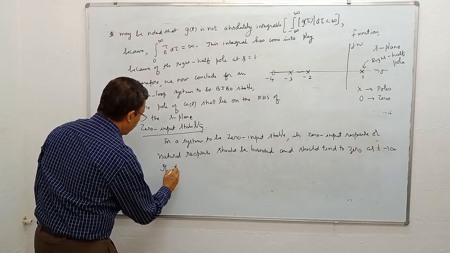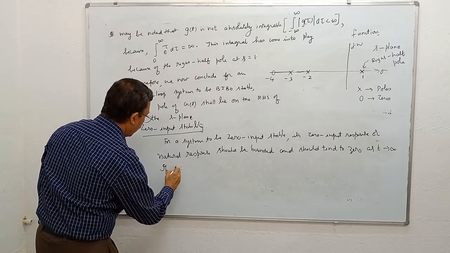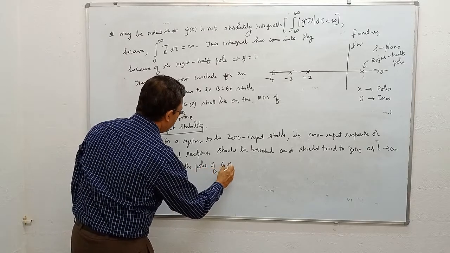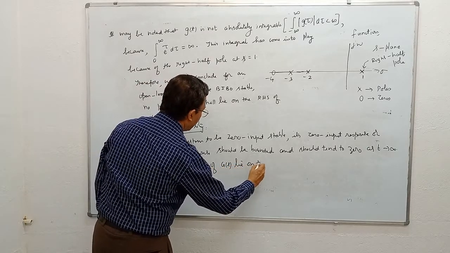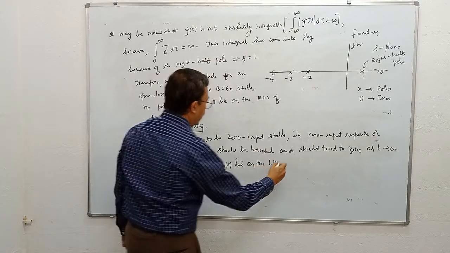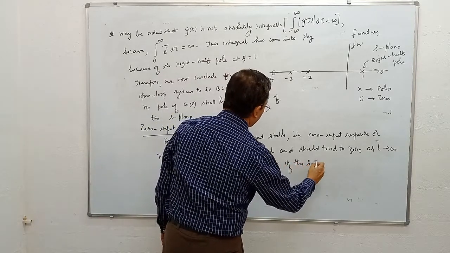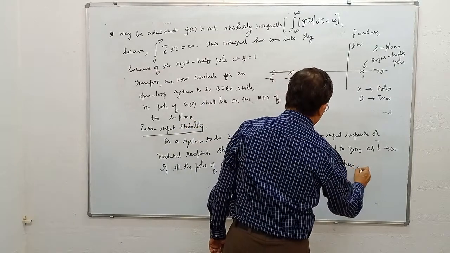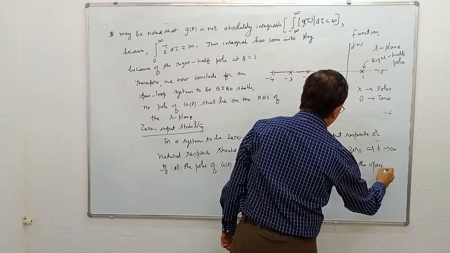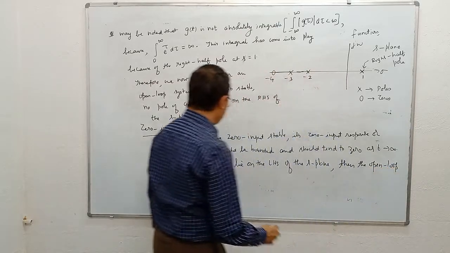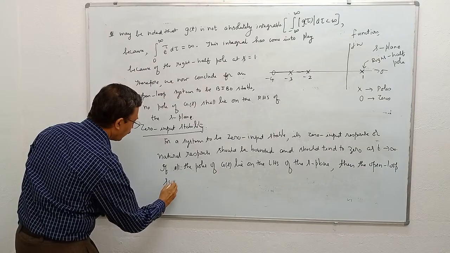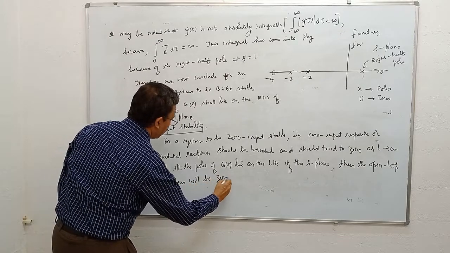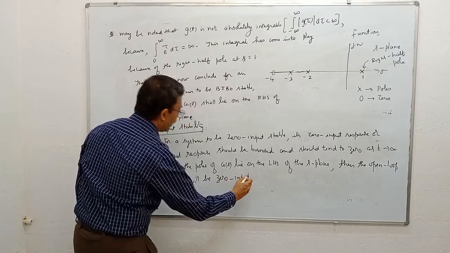If all the poles of G of S lie on the LHS, left hand side of the S plane, then the open loop system will be zero input stable.